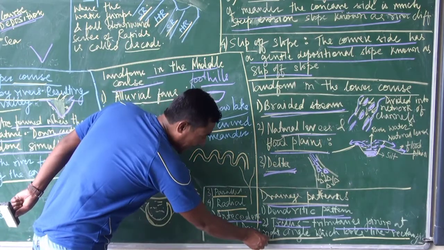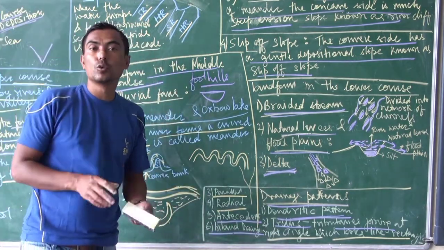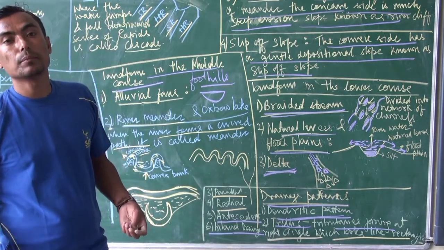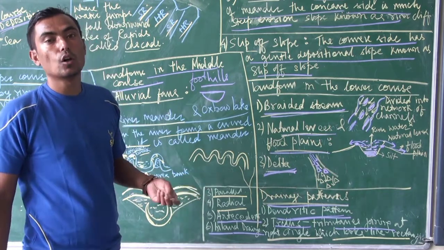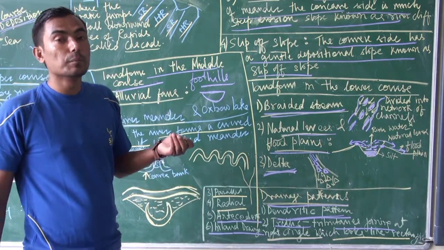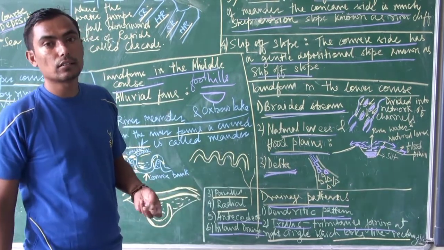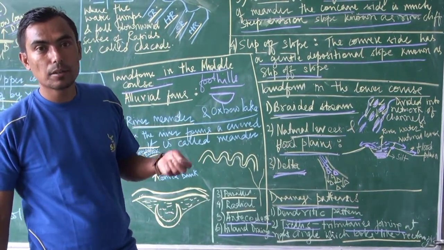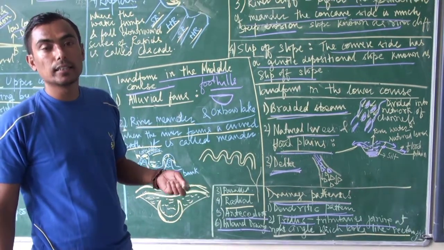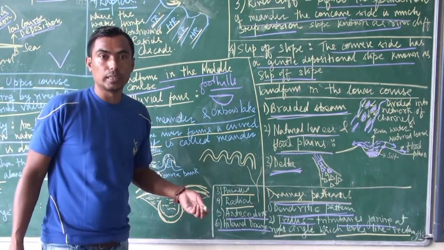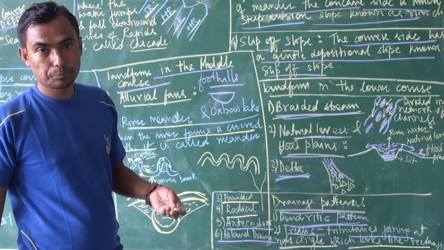Next, inland drainage rivers. Inland drainage rivers means those rivers which do not meet any sea or ocean, which disappear on their path, and therefore it is called an inland drainage pattern. One of the best examples of inland drainage pattern in India is the river Luni. River Luni is found in the state of Rajasthan.